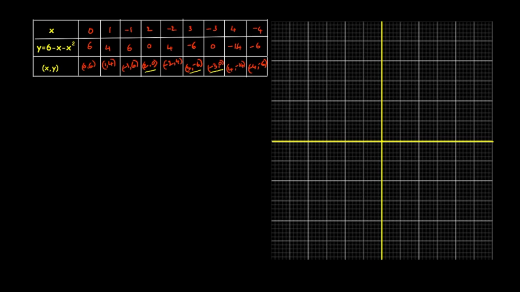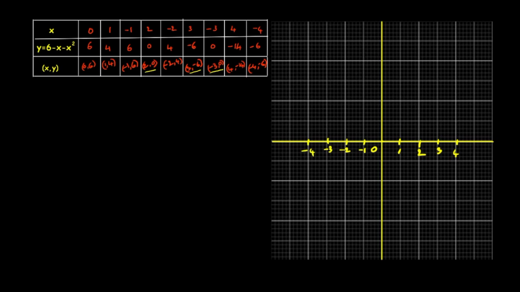Now the points I'm going to take on this are 0, 1, 2, 3, 4. Here we take minus 1, minus 2, minus 3 and minus 4.